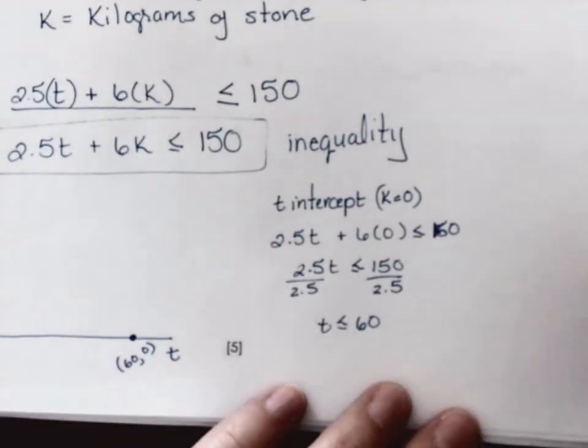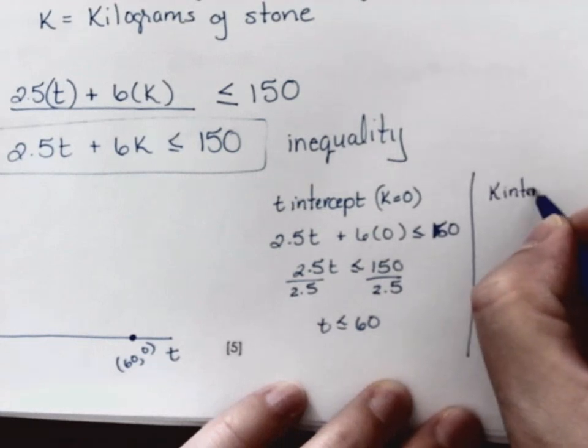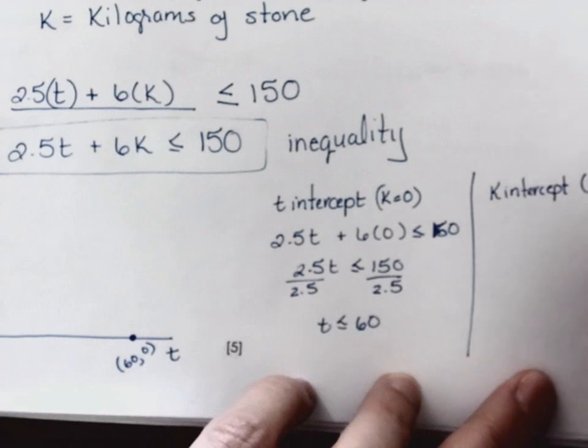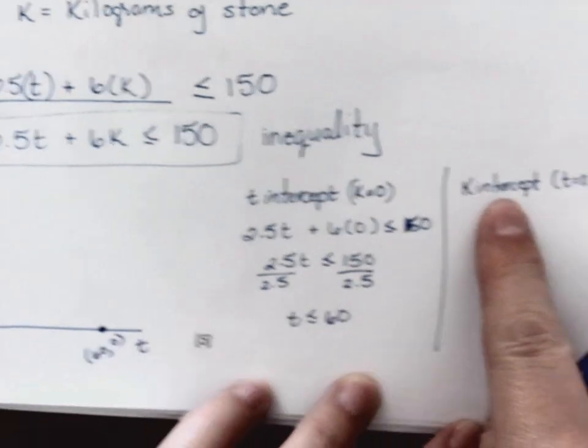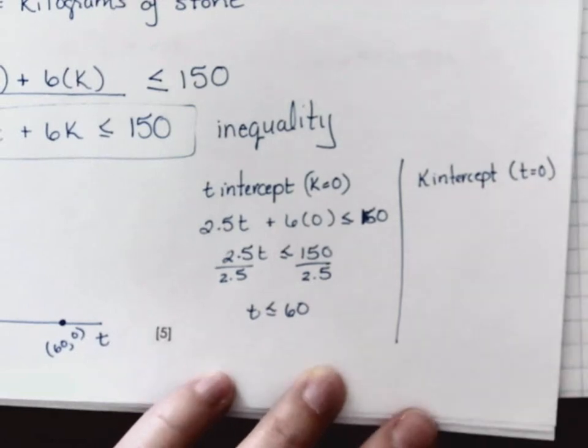Okay, now we're going to do our K-intercept. That's just your Y-intercept. There's nothing weird or funky there, except we've labeled it a different letter. So if we're looking for our Y-intercept or our K-intercept, we know the other value has to be 0.